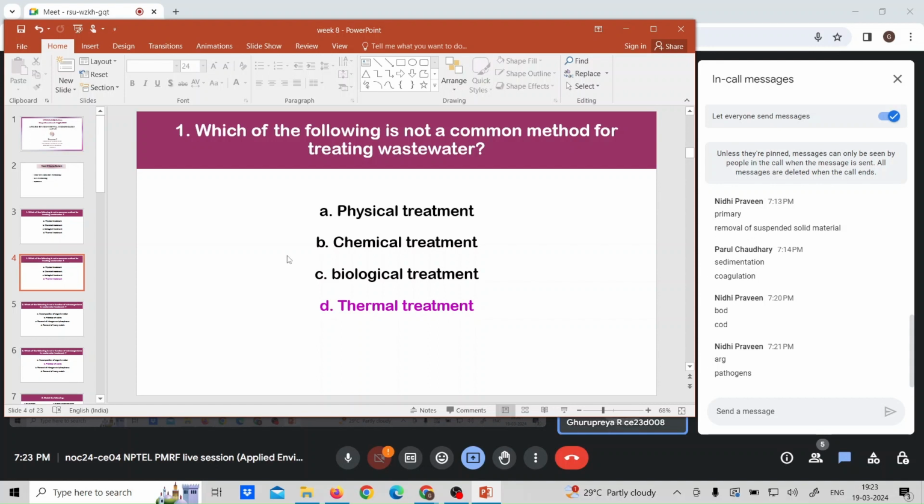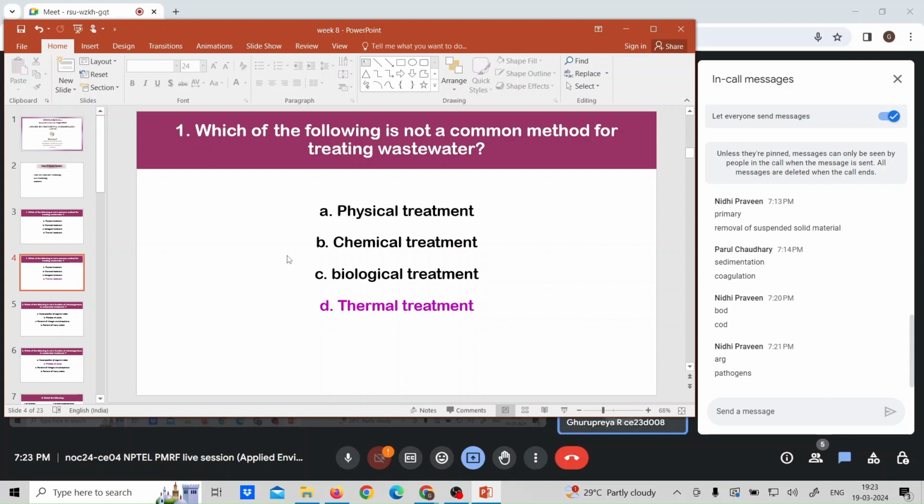So there are many standards for this value, so you can follow those standards. But at the end of your treatment, all those values should be less than what is allowed. If only 5 milligram per liter of something is allowed, after your treatment it should be under 5 milligram per liter, then only that water can be certified as treated for that purpose.